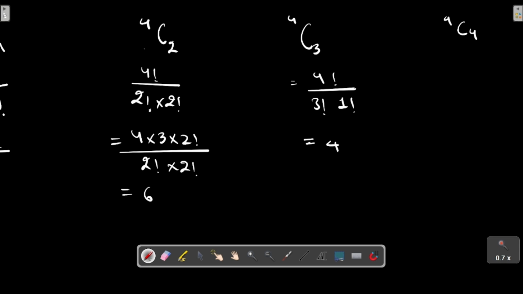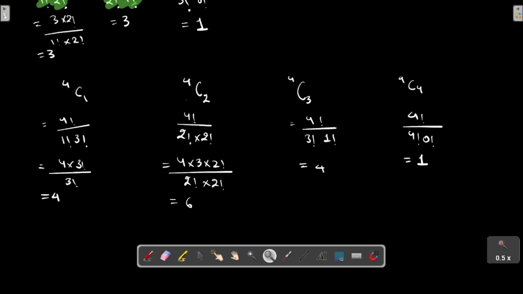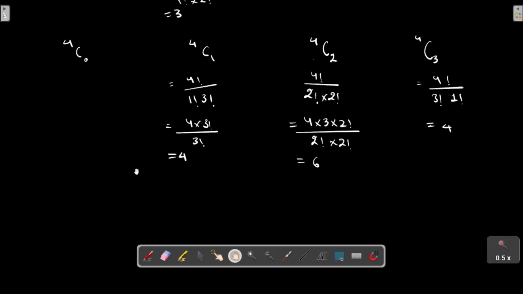That is equal to your 4. Can you notice that these guys are same? What is 4C0? Okay, we left 4C0. So it's 4 factorial upon 0 factorial and 4 factorial, that is equal to your 1.